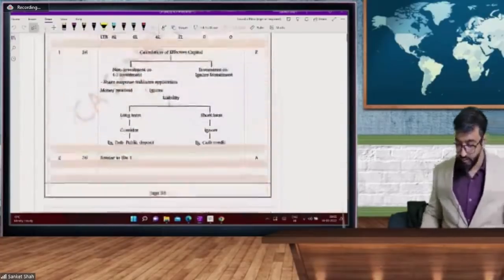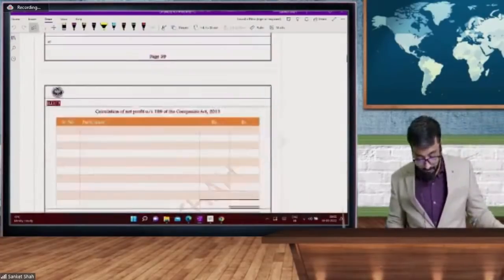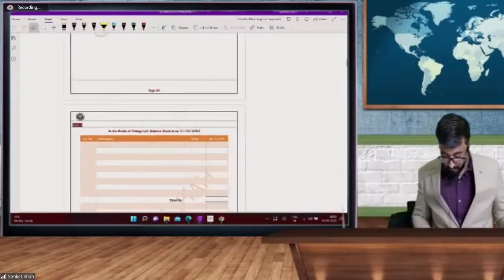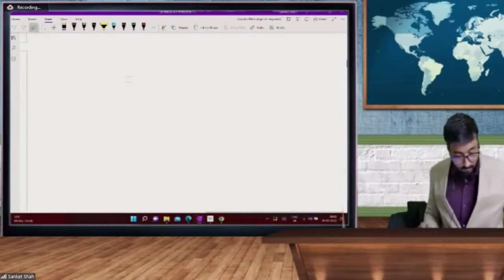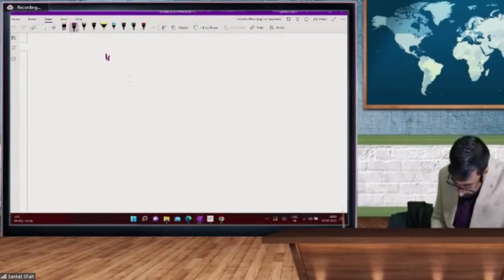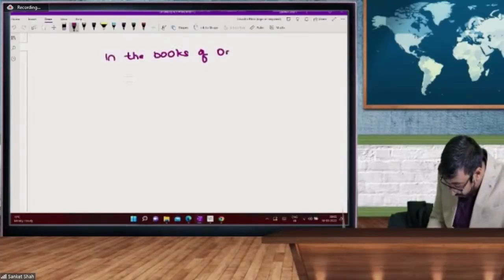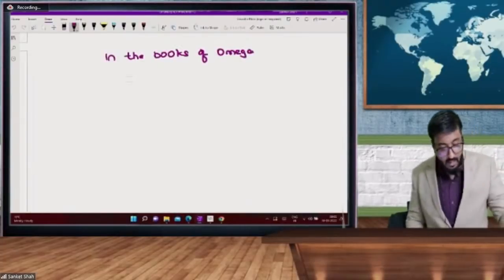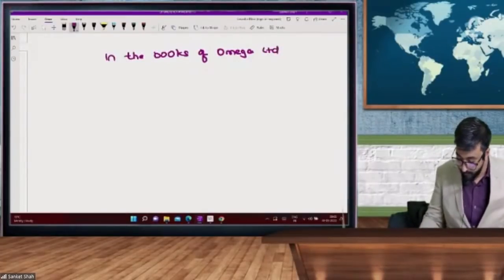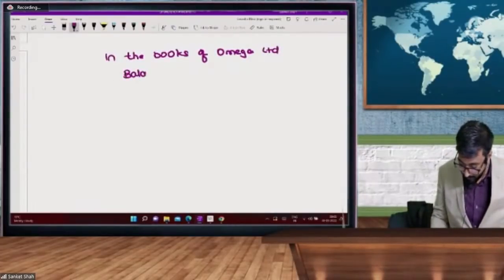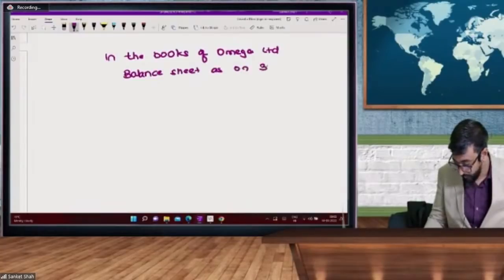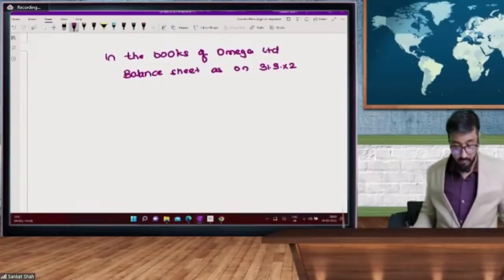First question, so we will write it properly. Write down. In the books of Omega Limited, balance sheet as on 31st March 2002.